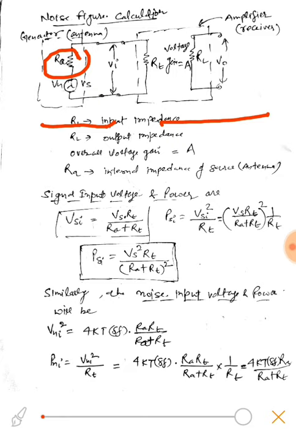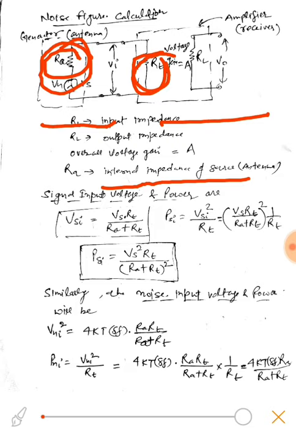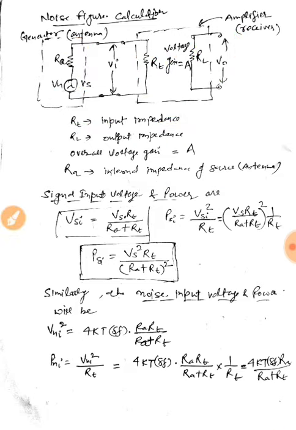RT is the input resistance, and Ra is the internal impedance of the source, that is the source impedance, and RL is the load or the output impedance. We are given that RT is the input impedance, Ra is the internal impedance of the antenna, RL is the output impedance, and the voltage gain of this system from input to output is A.